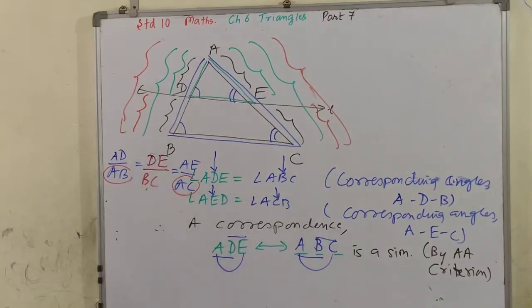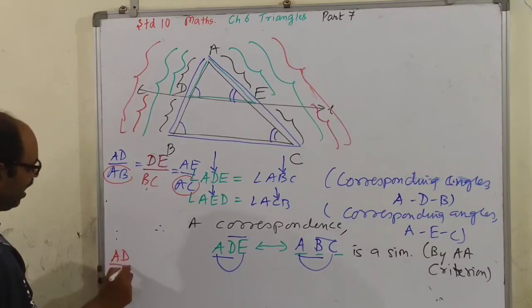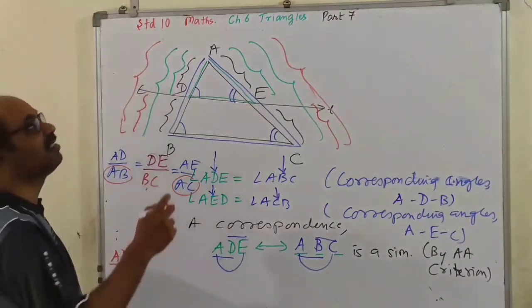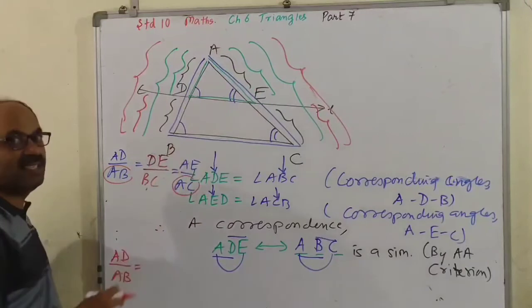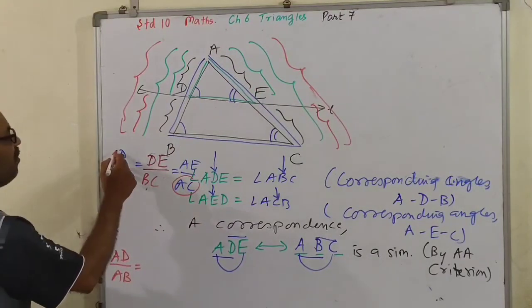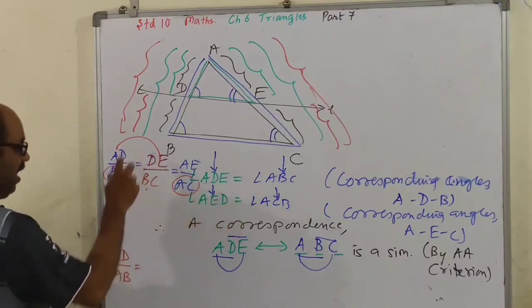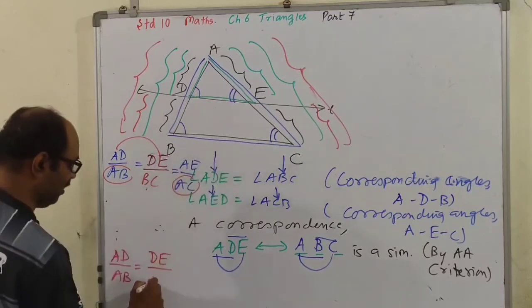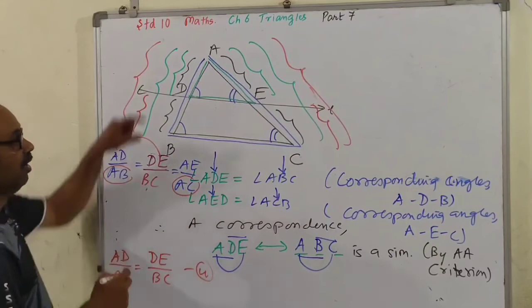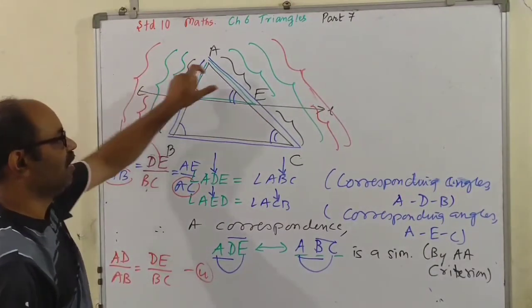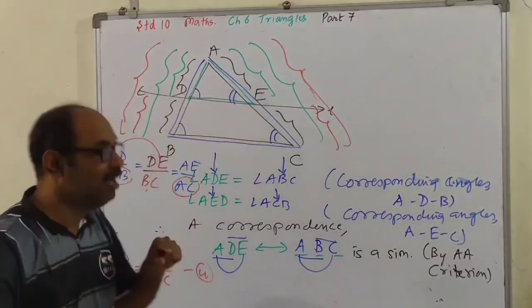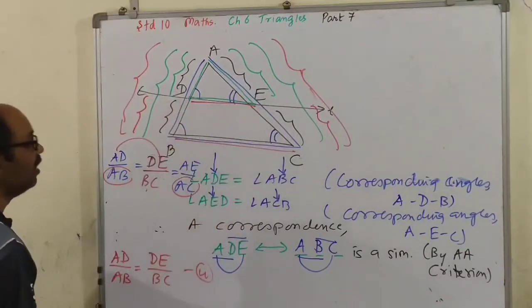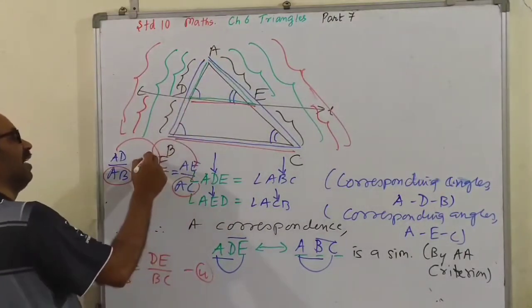But children, here I got AD upon AB, this AD upon AB. There the result is AE upon AC, right? But I am getting this now from this similarity: AD upon AB is equal to DE upon BC. In the same way, this is result number 4, AD upon AB is equal to AE upon AC. Now I got AD upon AB is equal to DE upon BC. Same way, AE upon AC, this also you can take like this now.